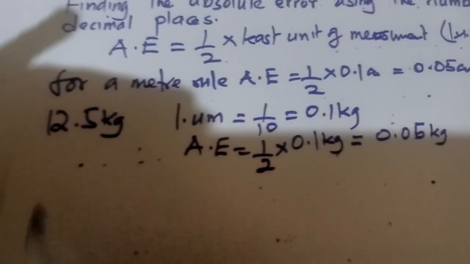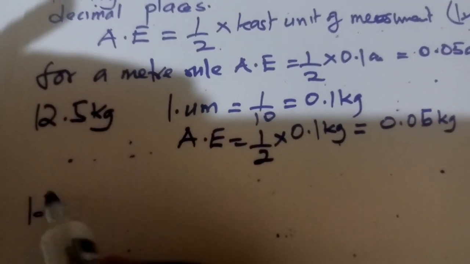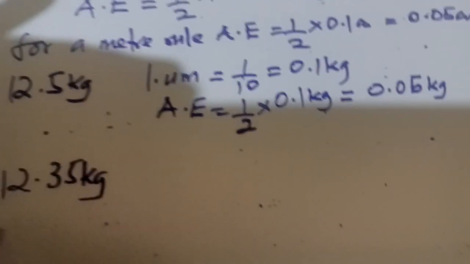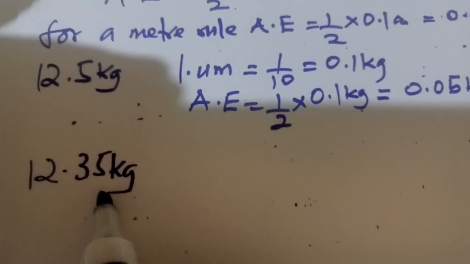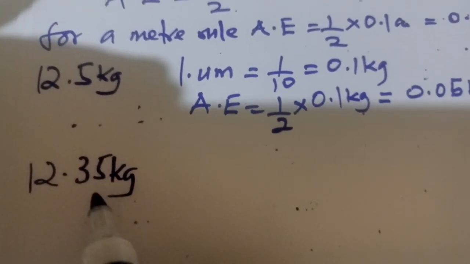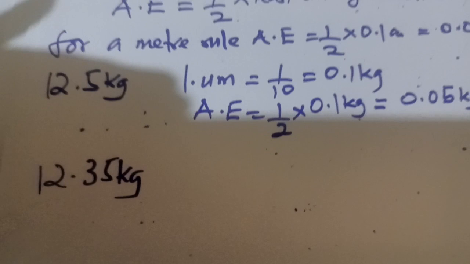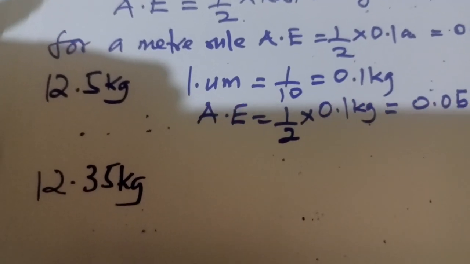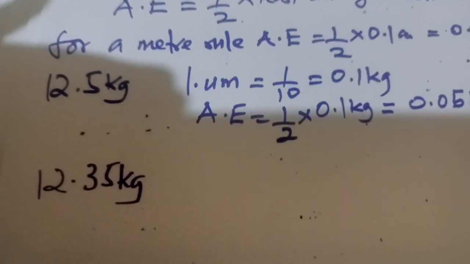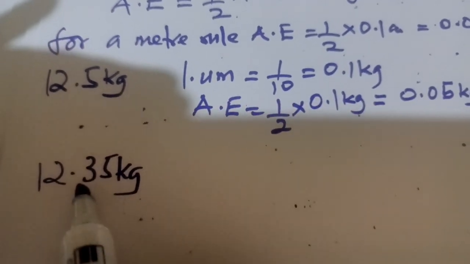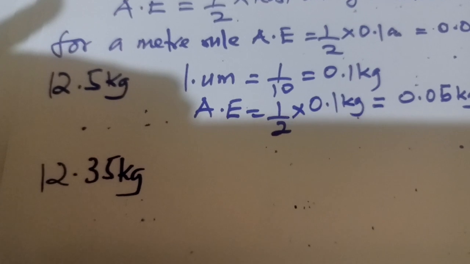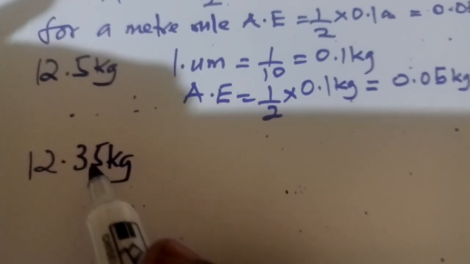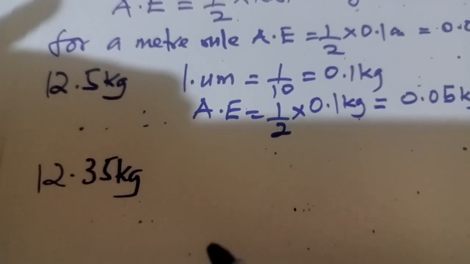Again, let's say we have 12.35 kilogram, and then we are asked to find the absolute error in this measurement. Now here we'll ask ourselves, to what number of decimal places has this measurement been given? We can see it is to 2 decimal places, which is actually to the nearest hundredth of a kilogram.